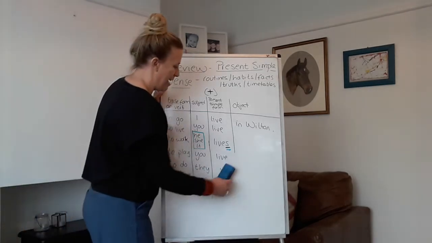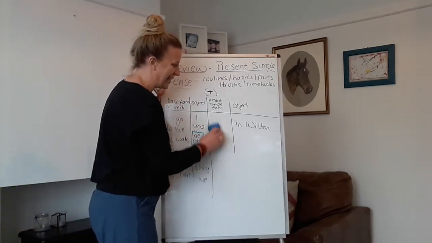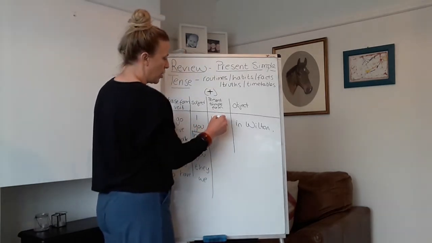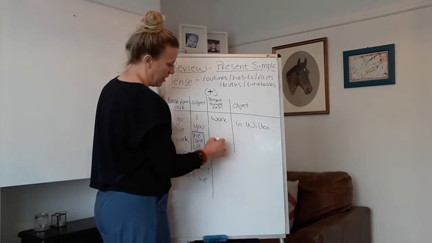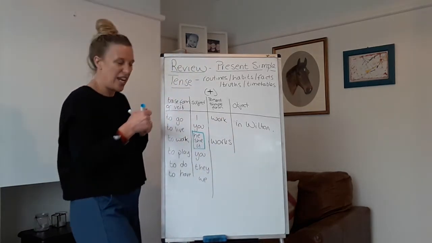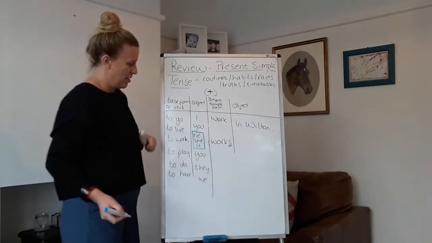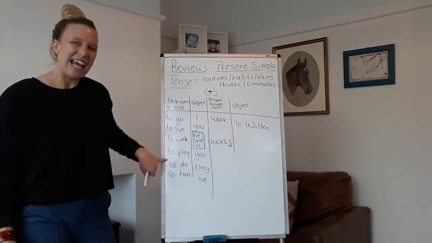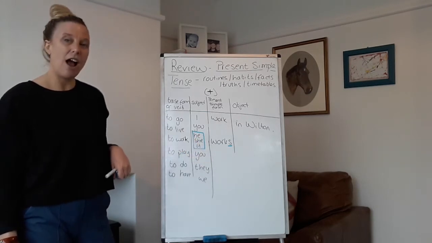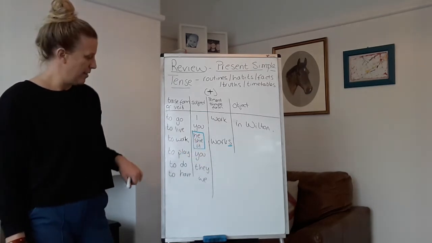Work is the same. We just add s. I work, you work, he, she, it works. We add an s for he, she, it. Play is the same. We add an s for plays, for he, she and it. Okay, I play, you play, he plays.